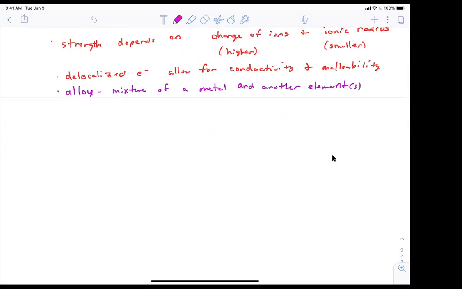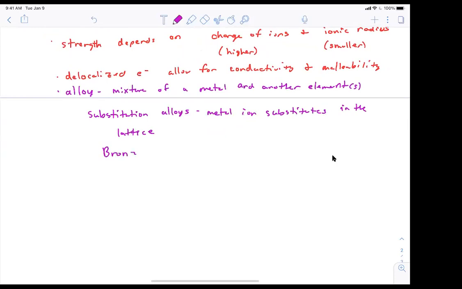And so without going into too much detail about this, but there's substitution alloys where a metal ion substitutes in the lattice. So something like bronze is an alloy of copper and tin, where the tin atoms kind of fill the lattice and displace some of the copper ions.